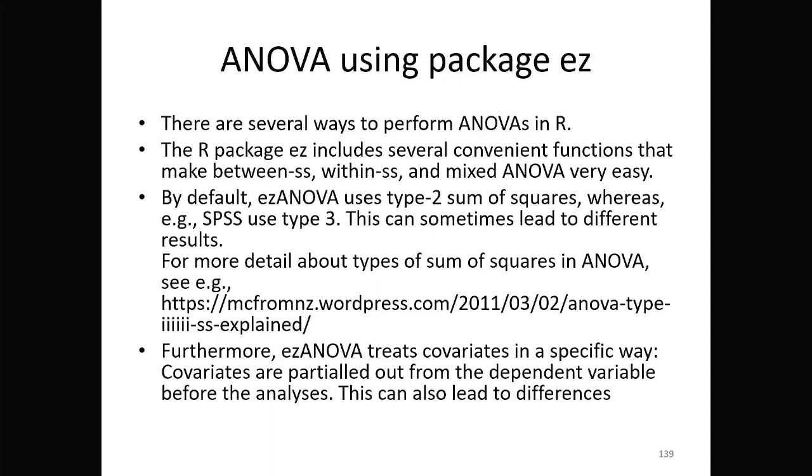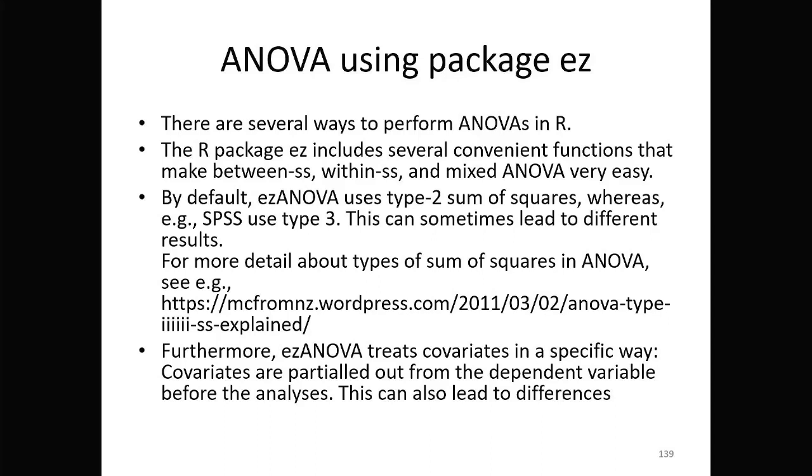And well, also in R, the default will be using type 1 sum of squares. Type 1 sum of squares in ANOVA can be a bit problematic, because we are not used to that kind of thinking.